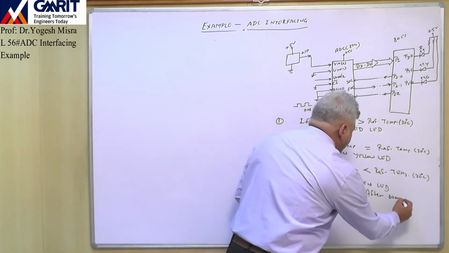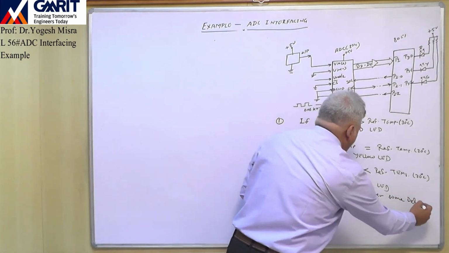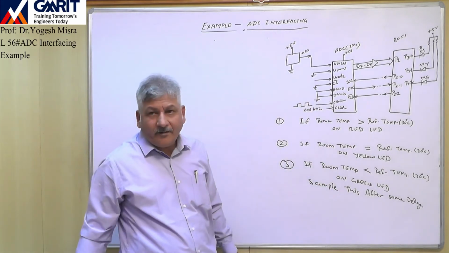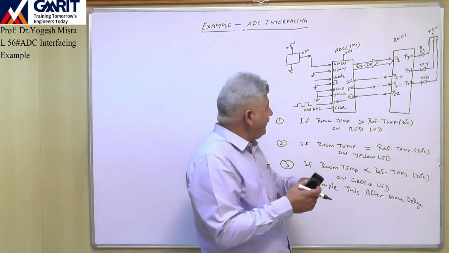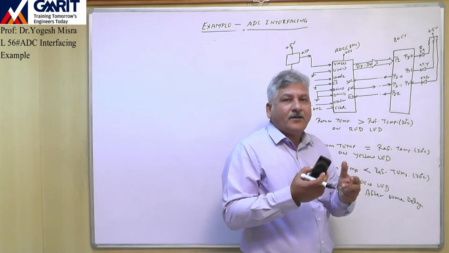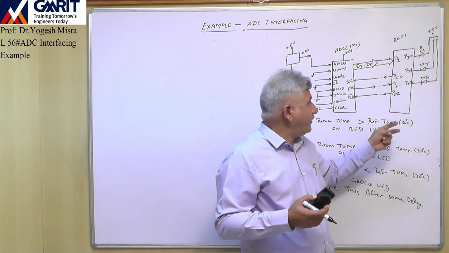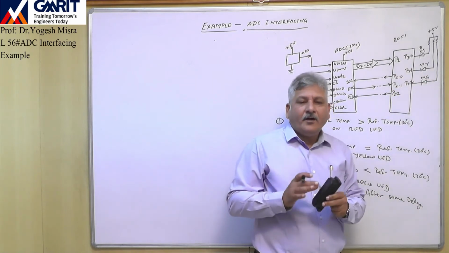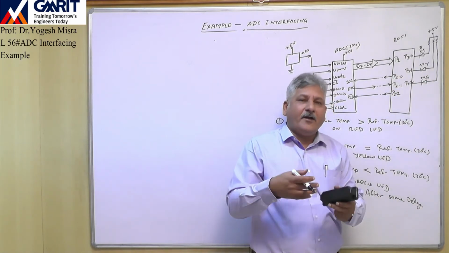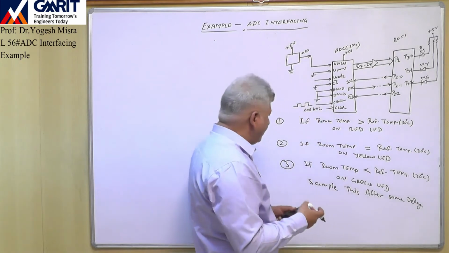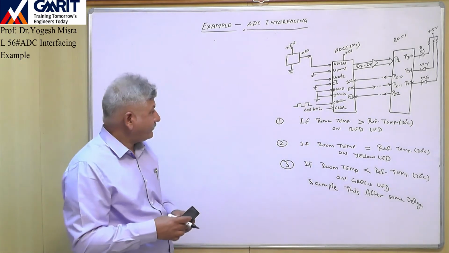After some delay, for some time the LED will remain like this, and after this again our controller will sense the room temperature, right. Again, depending on the temperature, some particular LED will glow. Again, after a certain time, it will sense the temperature again. So this is the application.